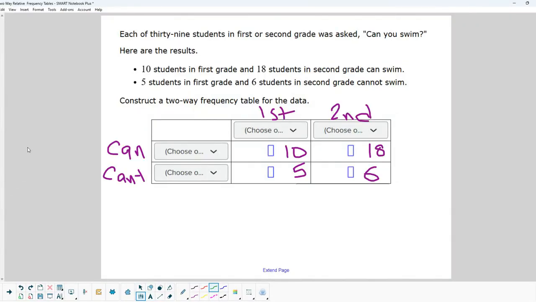So when I filled in the table, I put can swim or can't swim on the left side in these boxes. And then of those who can swim, 10 of them were in first grade and 18 of them were in second grade. Of those who can't swim, 5 of them were in first grade and 6 of them were in second grade. And so I filled out the table.